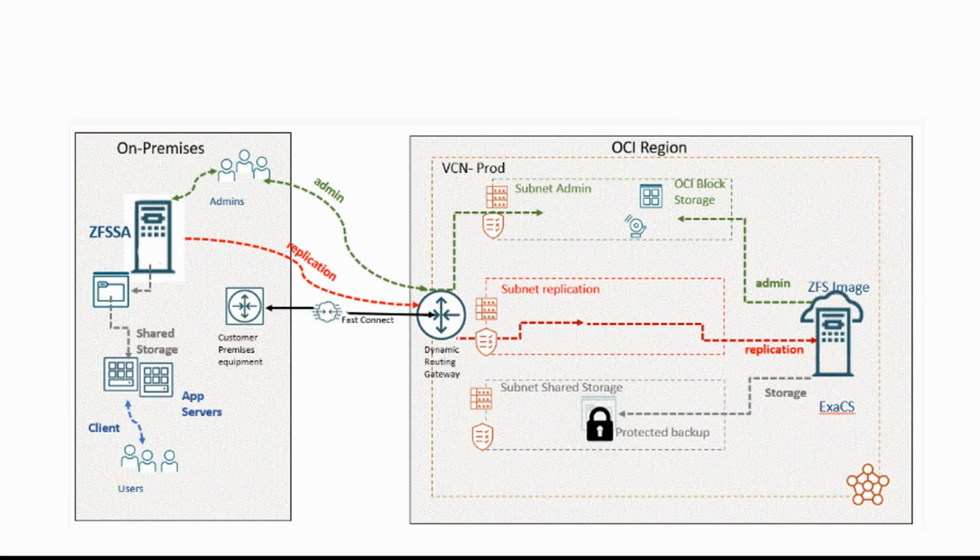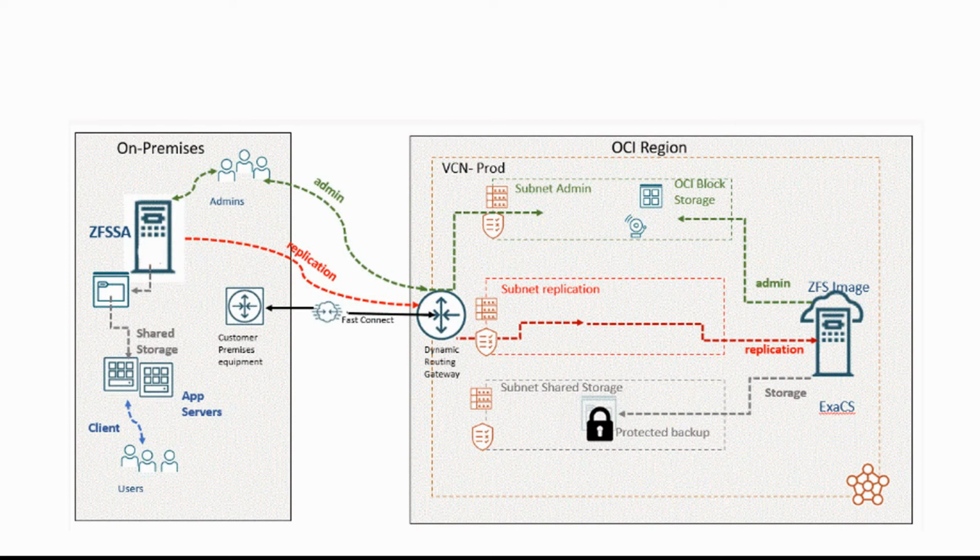Where I started with this is the question came up: why would I want to use the ZFS image in OCI? And this is an example use case of where this can be really helpful to help bring data from, let's say, an on-premise ZFS to OCI through replication. It's not a weekly full, daily incremental.